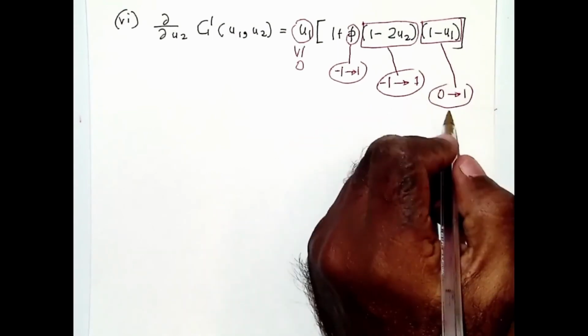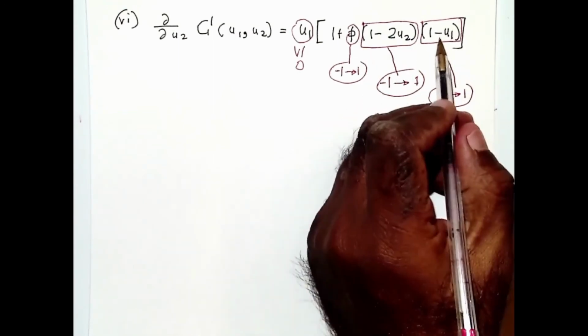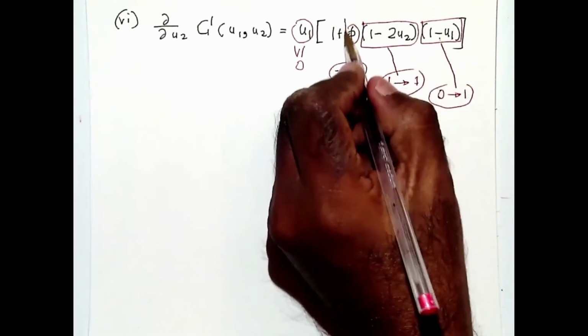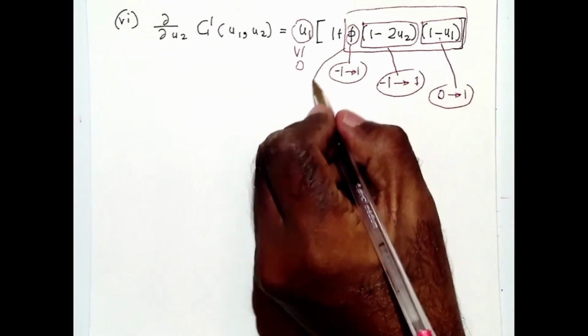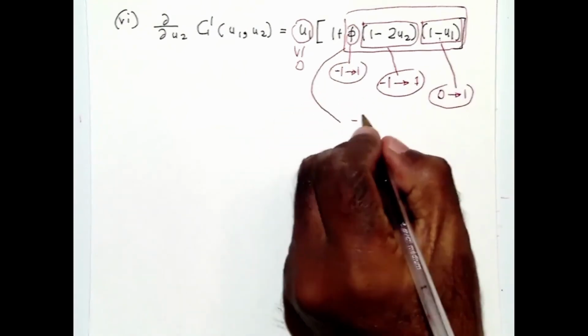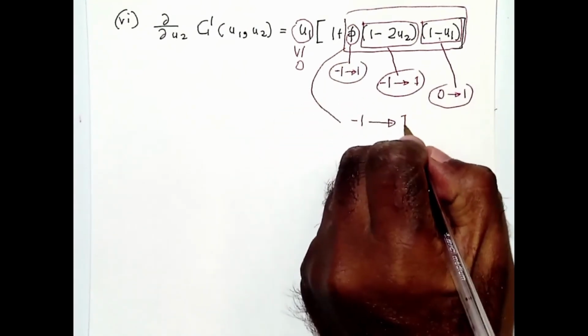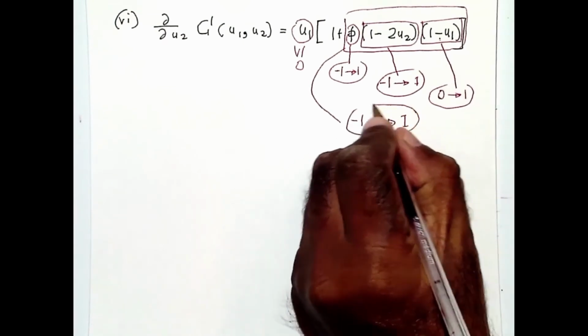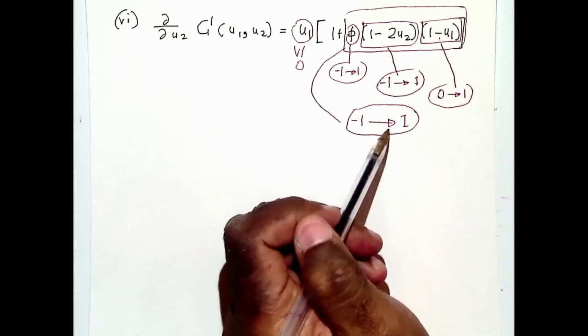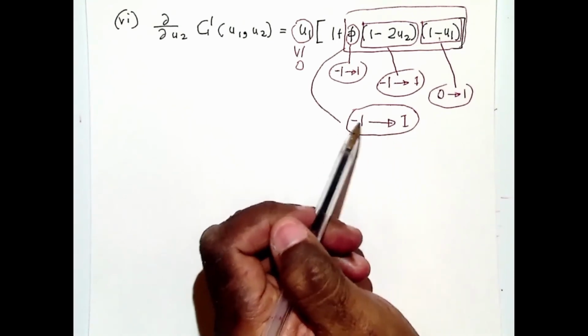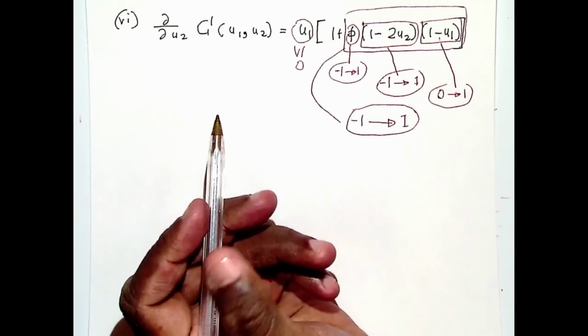So if you take the product of these three terms, right, it must take values from -1 to +1. But you have a +1 outside. So if you add a 1 to this range, the values must go from 0 to 2, which is non-negative.